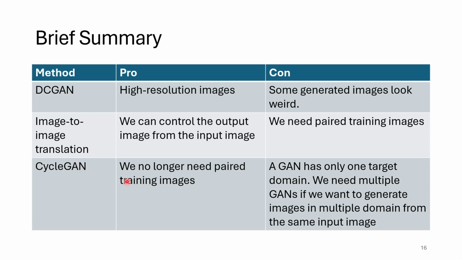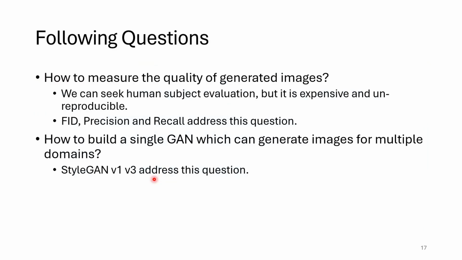And CycleGAN means we no longer need the paired training images. So there are a few questions. Now, if you can generate some very nice looking images, how do you measure it?